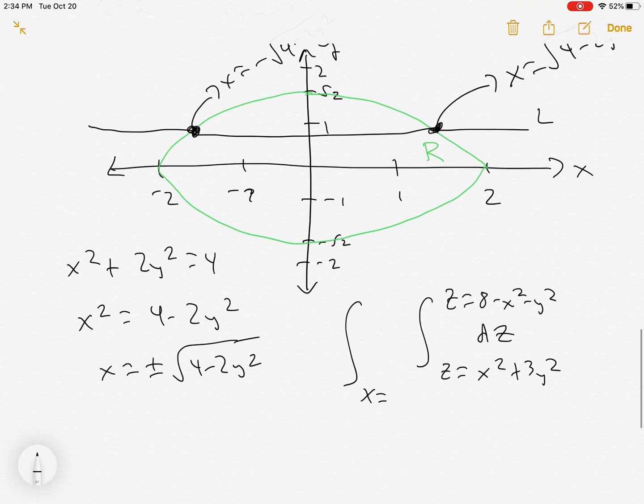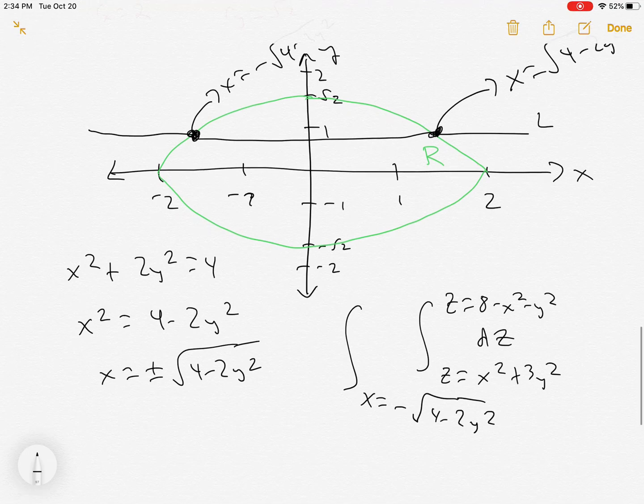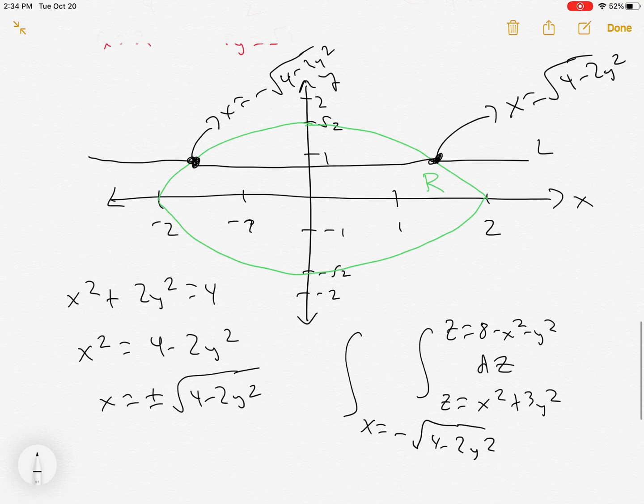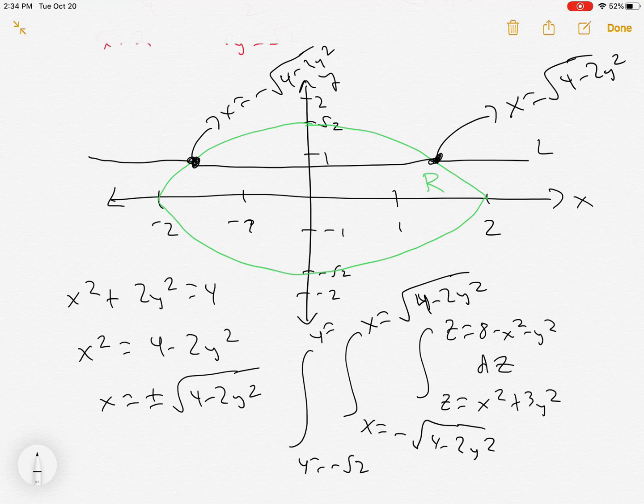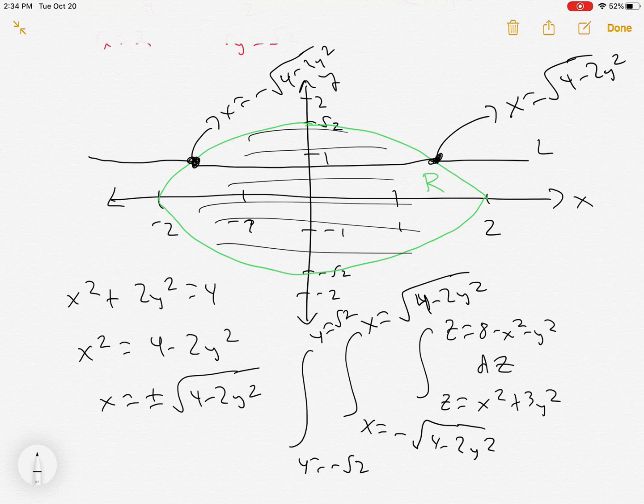There we go. And then what does y do? Y runs from minus root 2 to root 2, right? Because we're scratching out all these. So this goes dz, dx, dy. And that gives the volume of the egg.